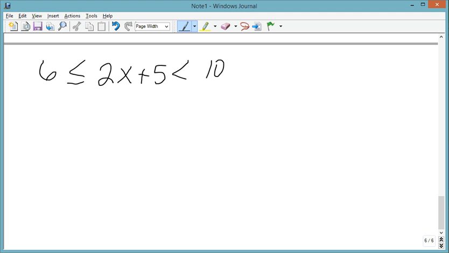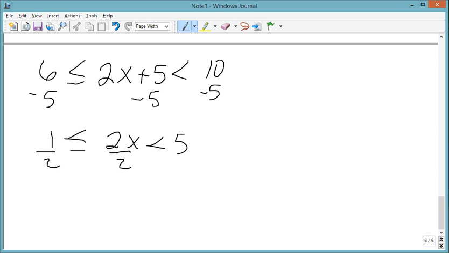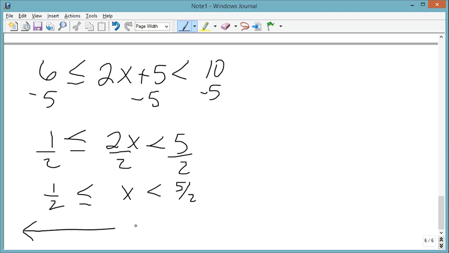Since it's true that I can do the same thing to all three parts, I can subtract 5 from all three places. So I end up with this inequality, and then I can divide by 2 in all three places. So I end up with 1/2 less than or equal to x less than 5/2. That's solved, and if I look at this on the number line, there's 1/2, there's 5/2. x is going to be bigger than 1/2, but it's also less than 5/2.